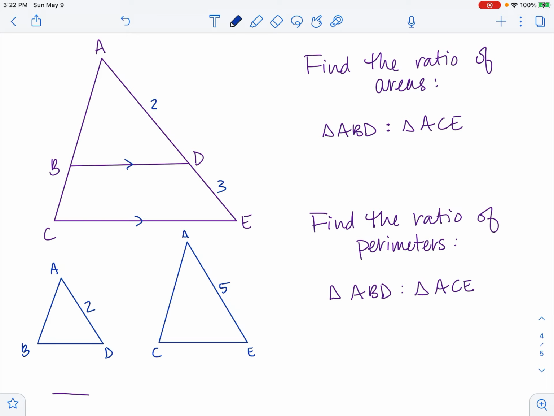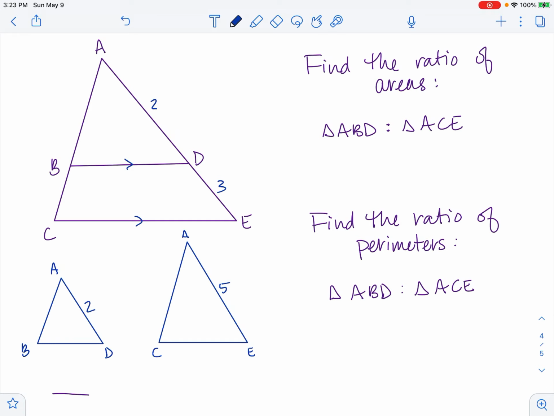I know from previous chapters that these two are similar figures, and so I can find my ratio of my areas and my perimeters. I don't know all of my side lengths, but that's okay. We can still find the ratio of the areas. Let's think about this.